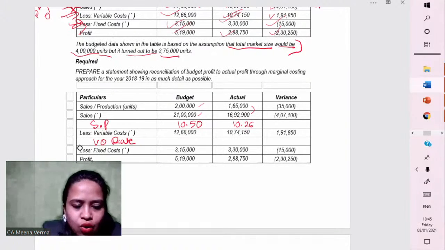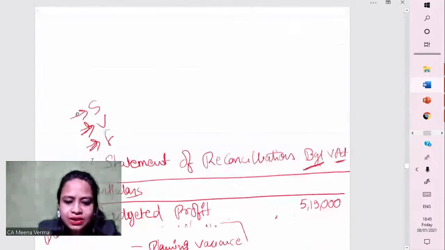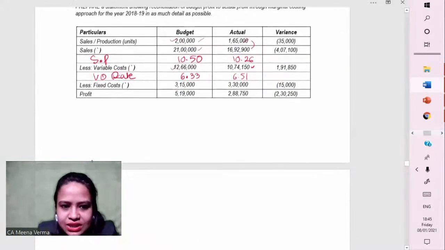Similarly, for finding the variable overhead rate, I'll divide this with this. Budgeted variable overhead rate is 6.33. And at this place, I'll divide this with the output. I'll get the actual overhead rate, which is 6.51. ठीक है जी? And these three things are very easy to find.